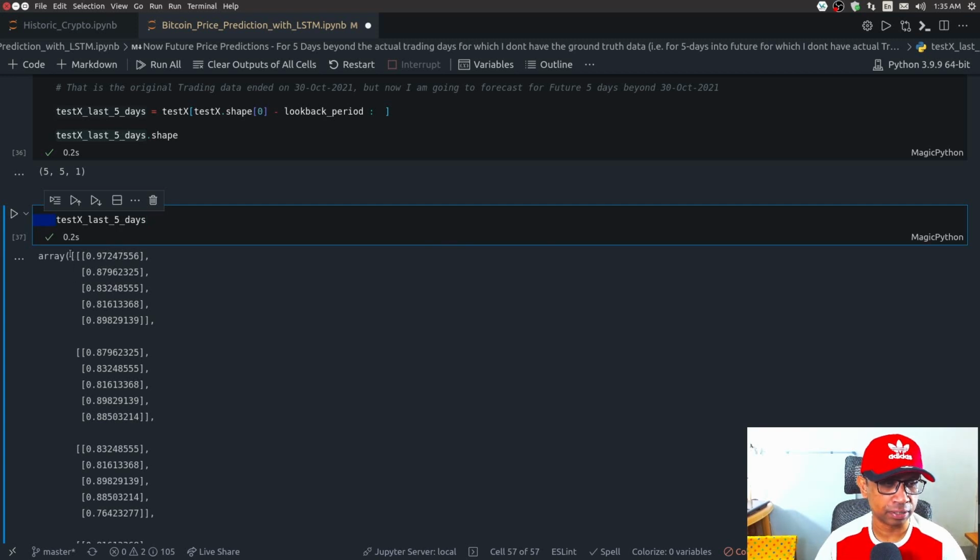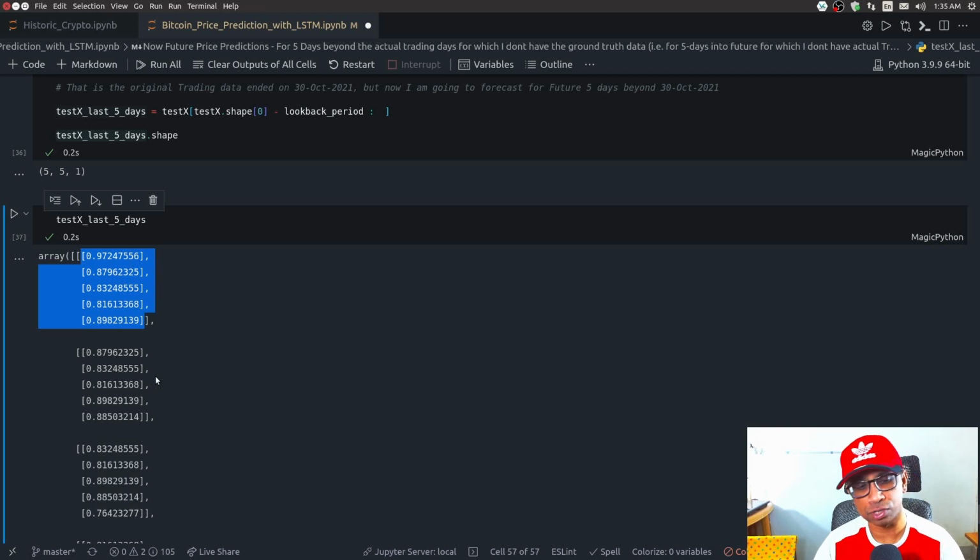So as you can see, this is a three-dimensional array, and this is each window. So each window has 5 data points, and each of these data points are actually the Bitcoin prices. And of course, they have been scaled down with the min-max scaler, and that's why you are seeing this kind of 0.972, etc. Because the whole prices have been scaled between 0 and 1.